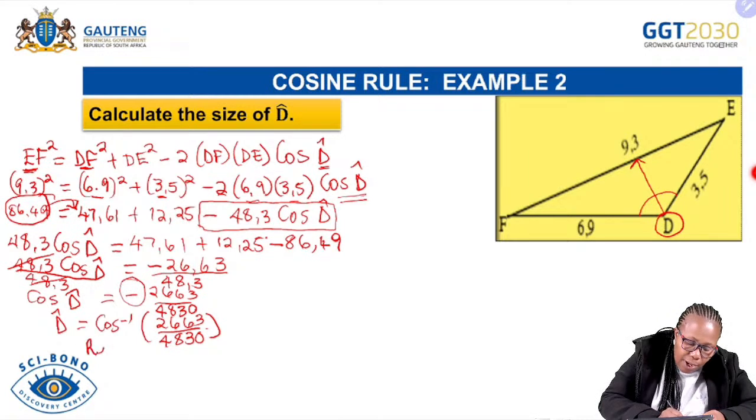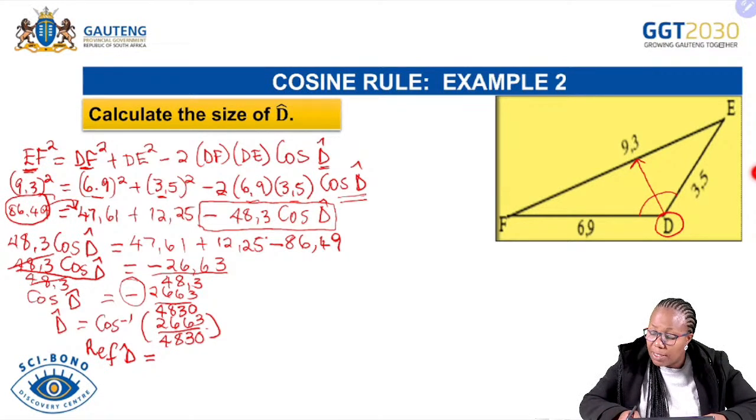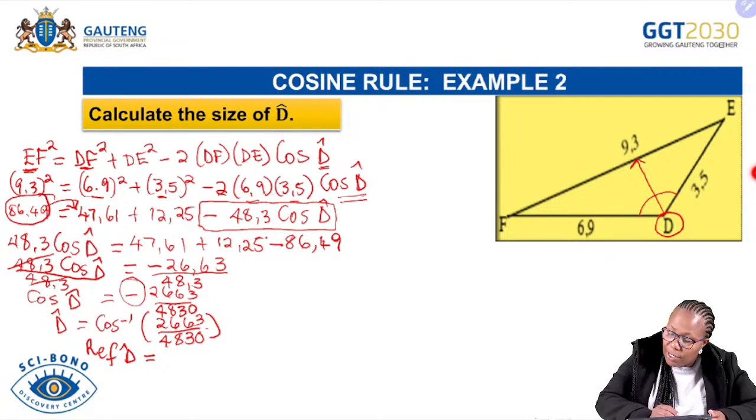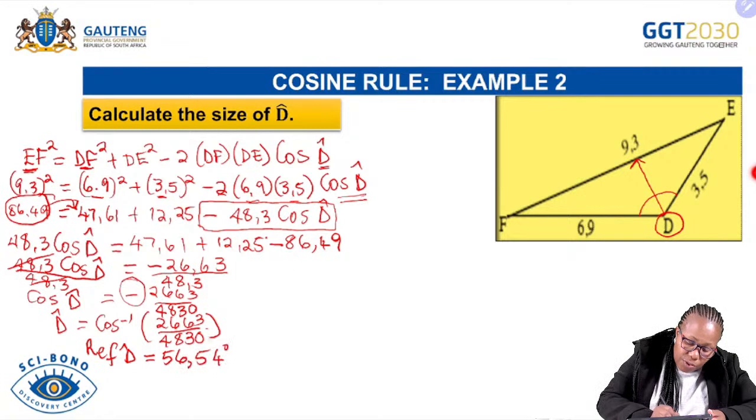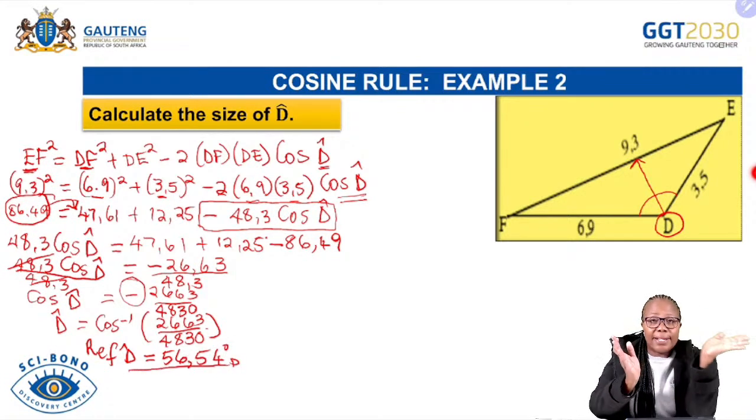So this will be our reference angle of D. You press your second function cos, and then with the fraction button, you put in that information. Omit the negative, grade 12, do not put a negative, and it will give us the reference angle of 56,54. Can you see that? This cannot be the value of D. D is far more than 90.